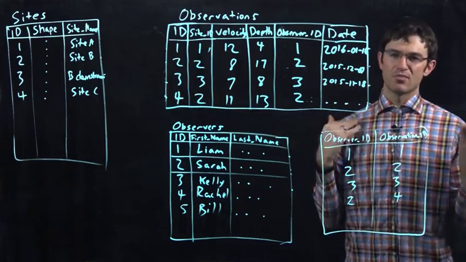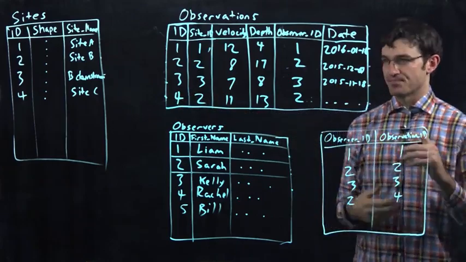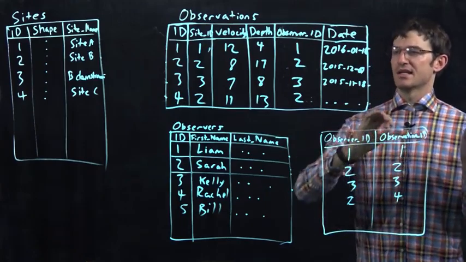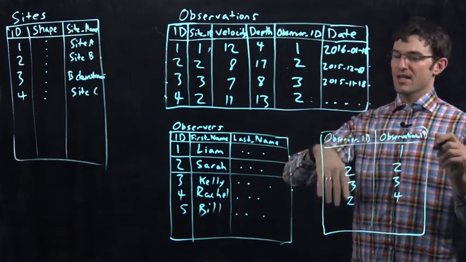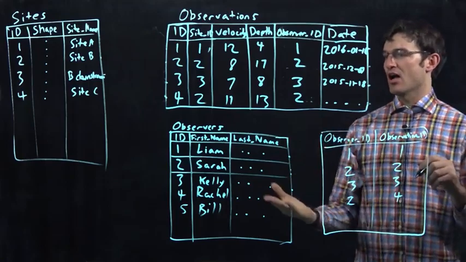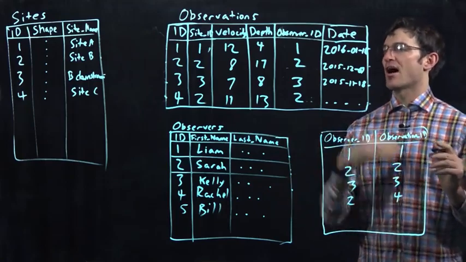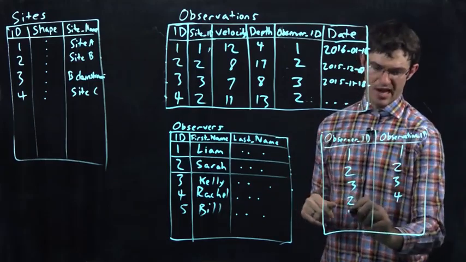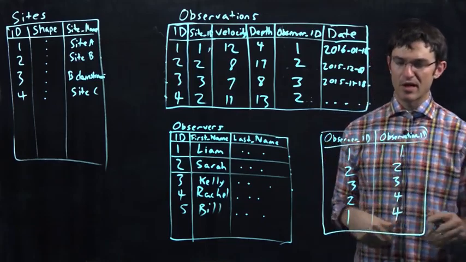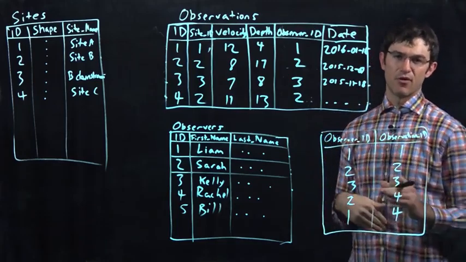But where it's more powerful now is that we can say, well, maybe observer 1 was also part of observation 4. So we can just add that here. And now we know that 2 people were part of observation 4.